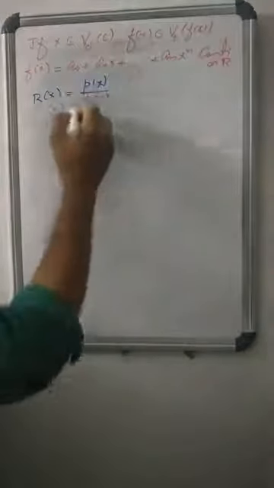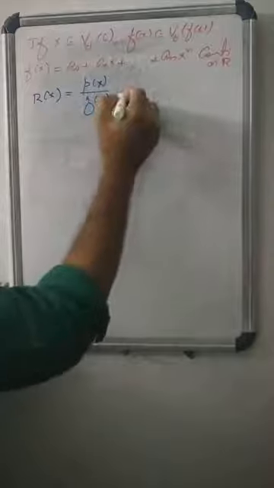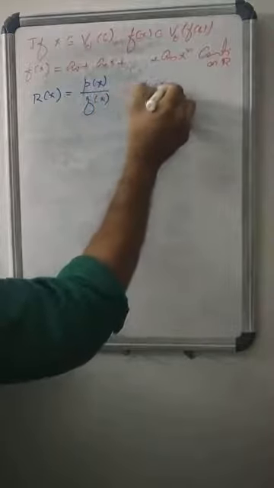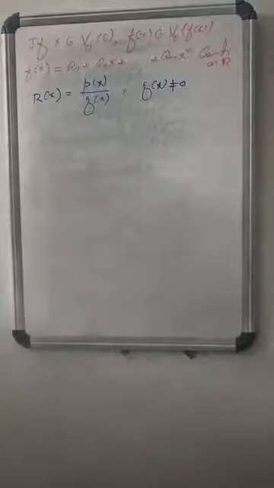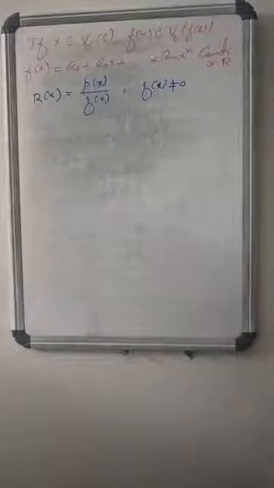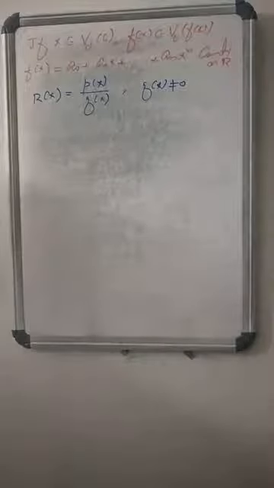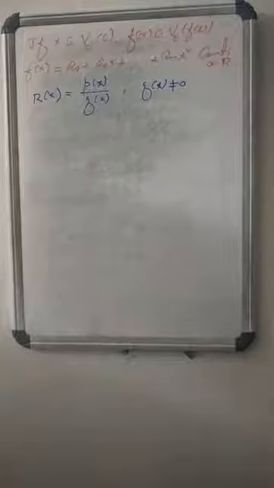So here p of x by q of x is continuous provided q of x differs from 0. Then the rational function is also continuous. Agreed. So these are the preliminary results regarding the continuity of functions.